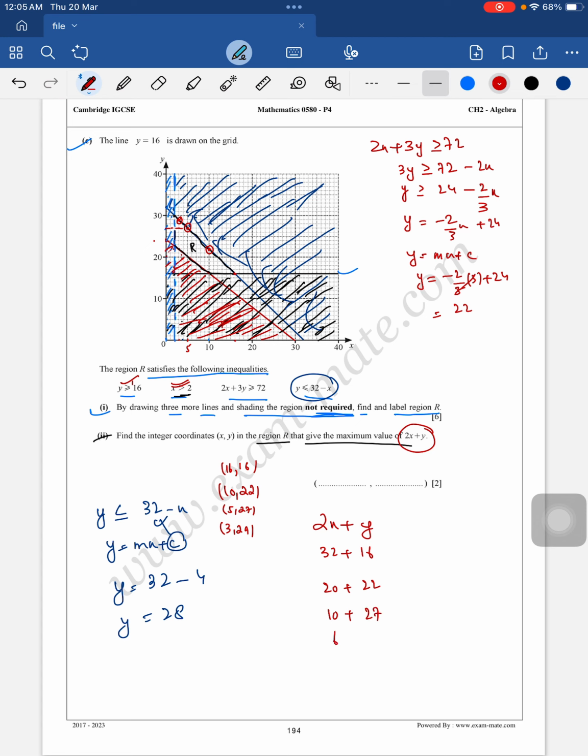We have 2 into 3 is 6 plus 29. We can add them up and check which is giving us the maximum. So 32 plus 16 is 48. 20 plus 22 is 42. 27 plus 10 is 37, and 29 plus 6 is 35. So this is the maximum point which we are getting, at 16, 16. So that is the answer.